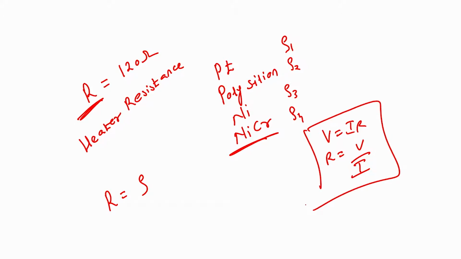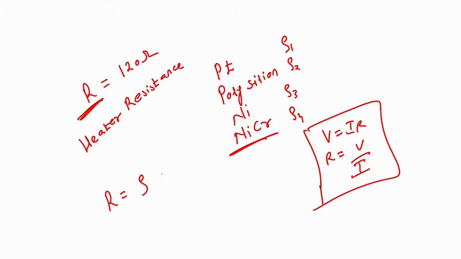What you are saying is Ohm's law, how resistance relates to the ratio of voltage and current. I am not talking about that. I am talking about how you are going to form a resistor of a particular value, and this equation will not hold for that.